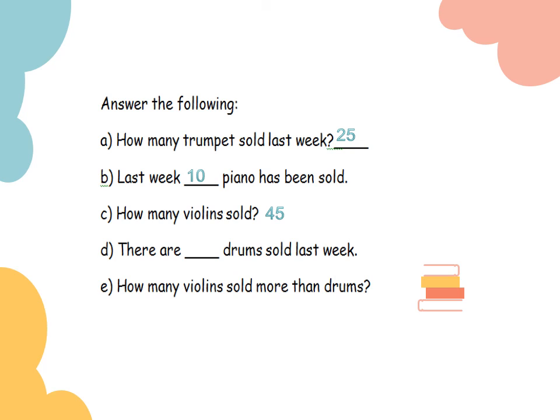Question D: how many drums were sold? 30 drums. Excellent. How many more violins than drums were sold? More than means minus. Let's make violins minus drums. 45 minus 30 equals 15. Excellent.